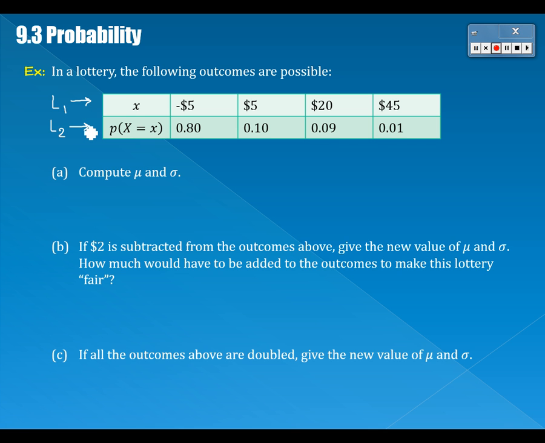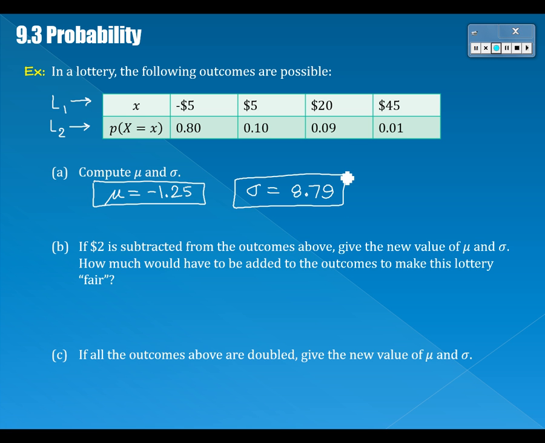Then I'm going to run 1-Var Stats L1, L2, and I'm fine with you guys doing this too. The mean, or the expected value, is -1.25, and the standard deviation, reading it off my calculator, is 8.79, with 3 sig figs.